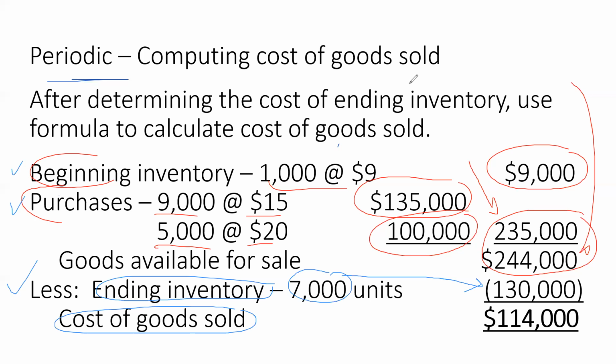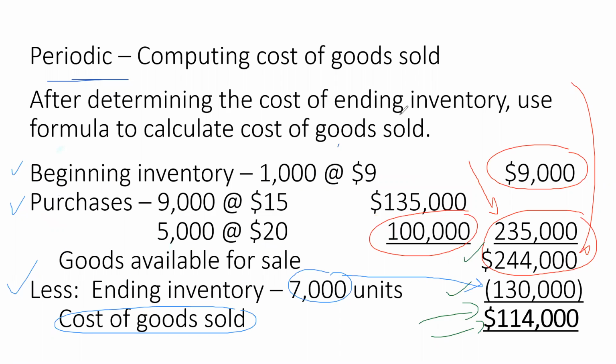So what you would do in this situation is you would say $244,000 is the goods available for sale, beginning inventory plus purchases, subtract out the $130,000, and you have cost of goods sold of $114,000. If you are this company and you had these inventory transactions, you would report using periodic FIFO $114,000.